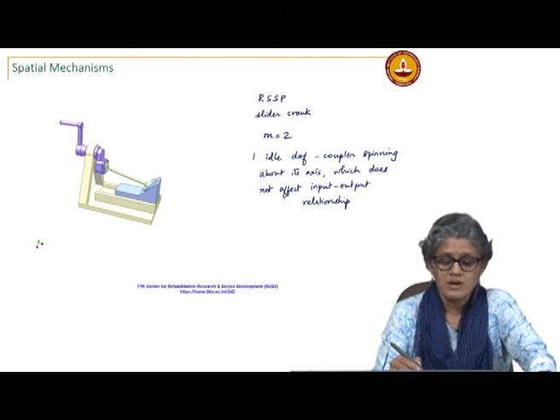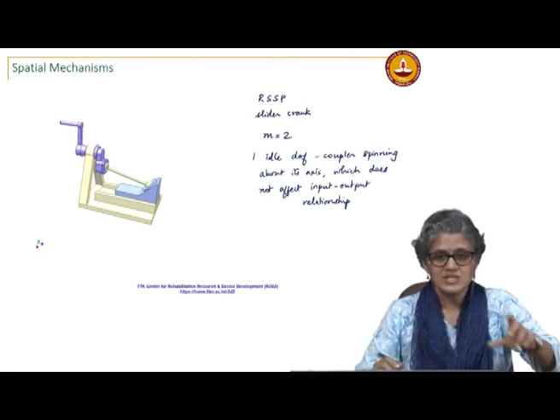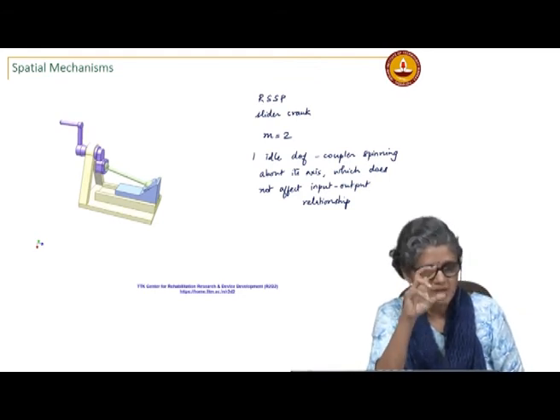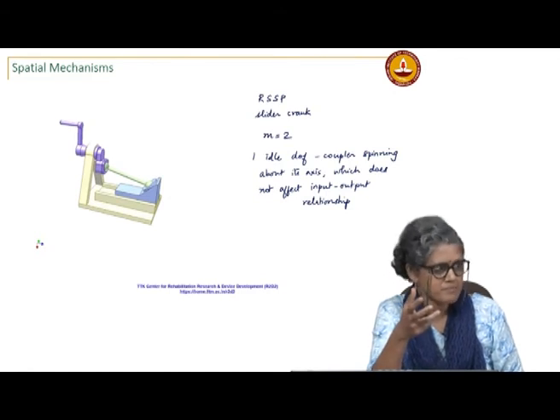If this is attached to some kind of an indicator or something, and that motion is of consequence, then you would not call it an idle degree of freedom.